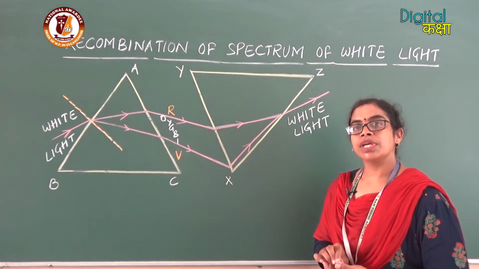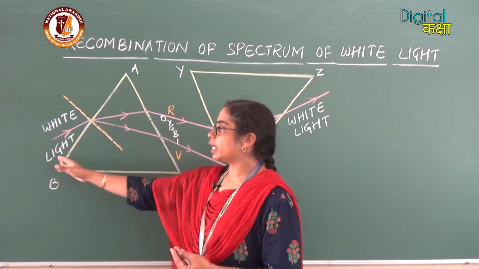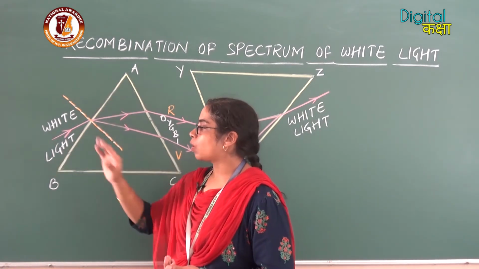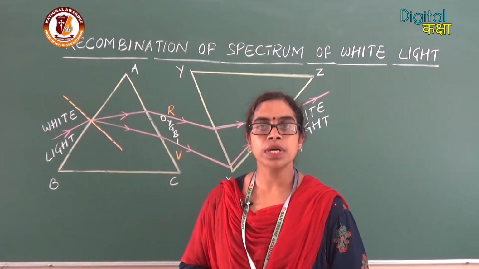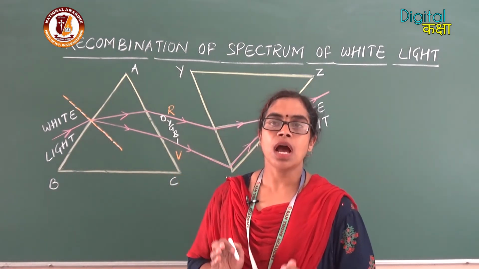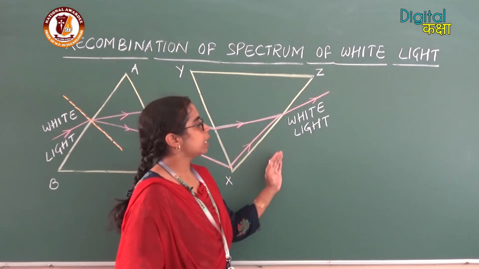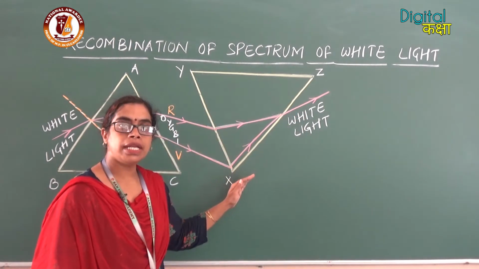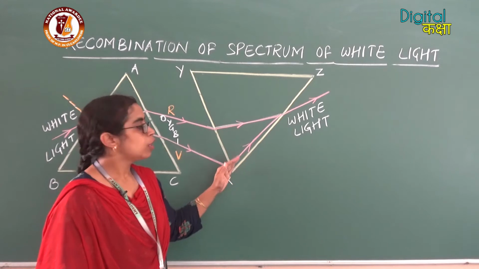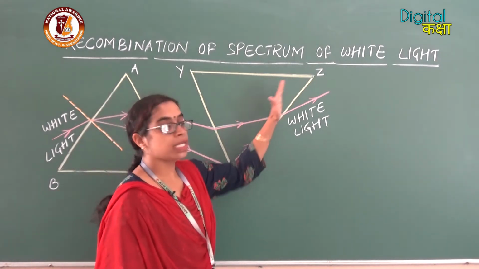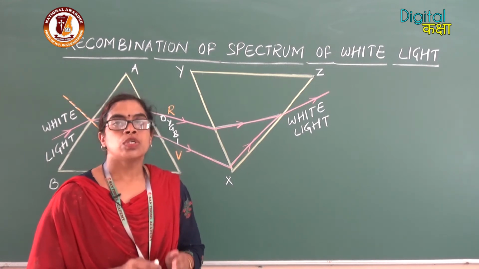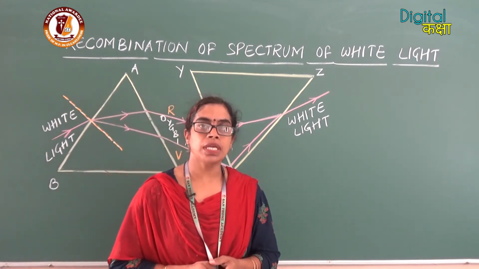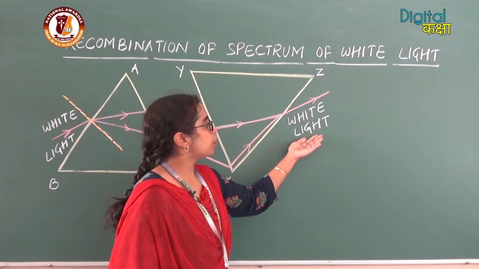So students, we started with the white light which was incident on the first refracting surface of the first prism, and the final output is obtained again in the form of white light, but it is obtained through the second refracting surface of the second prism.